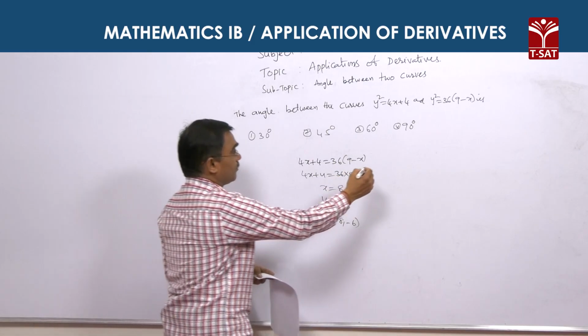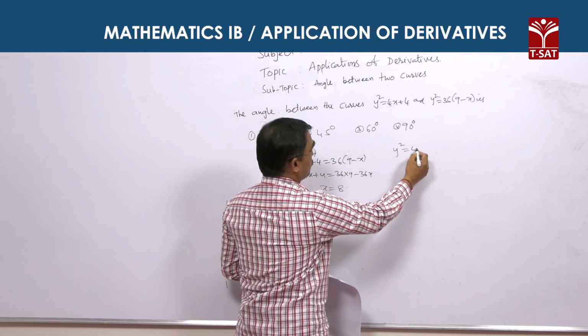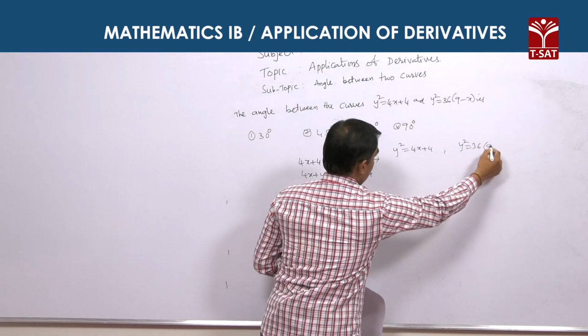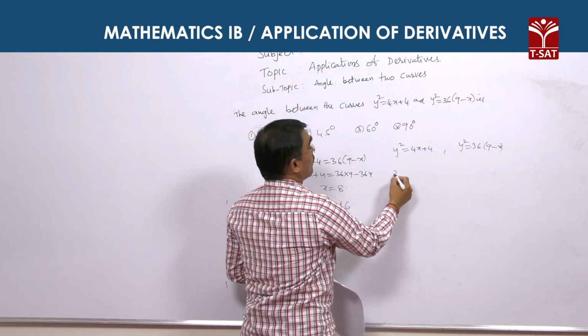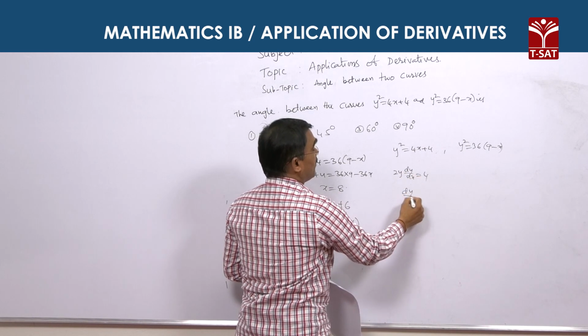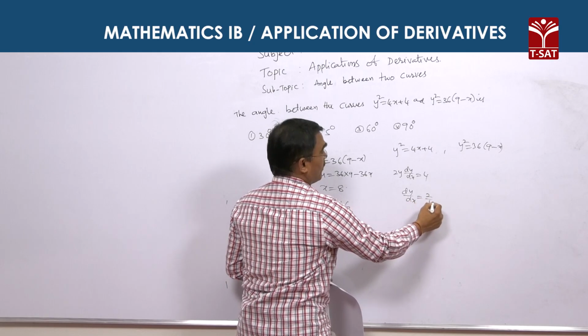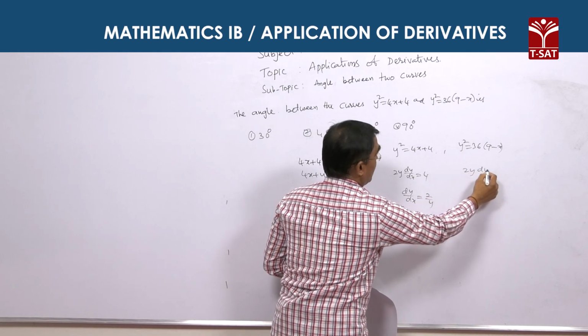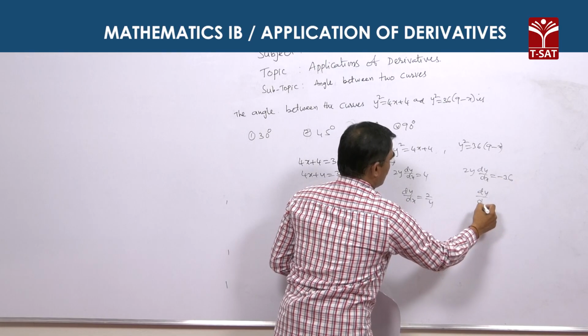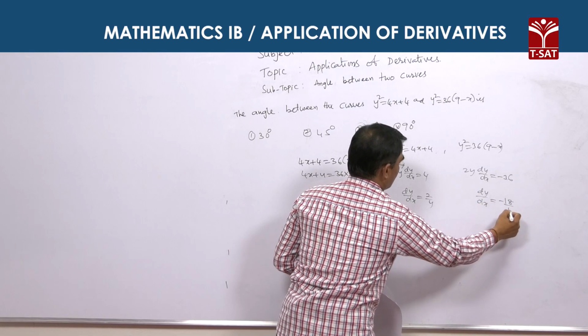The curves are y square is equal to 4x plus 4 and y square is equal to 36 into (9 minus x). Find the slope. 2y dy by dx equal to 4, so dy by dx is equal to 2 by y. And 2y into dy by dx is equal to minus 36, so dy by dx is equal to minus 18 by y.